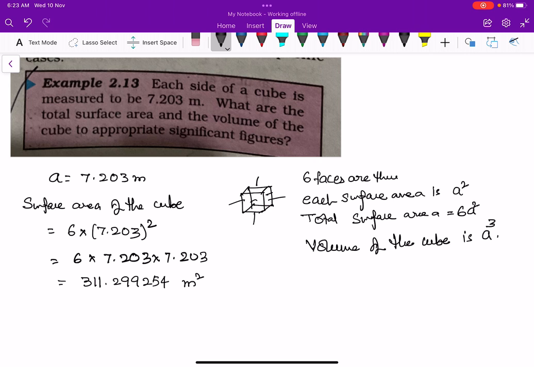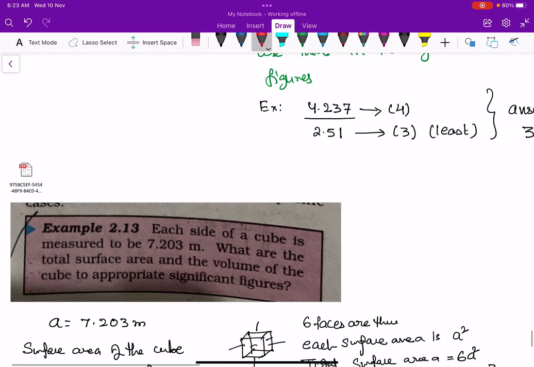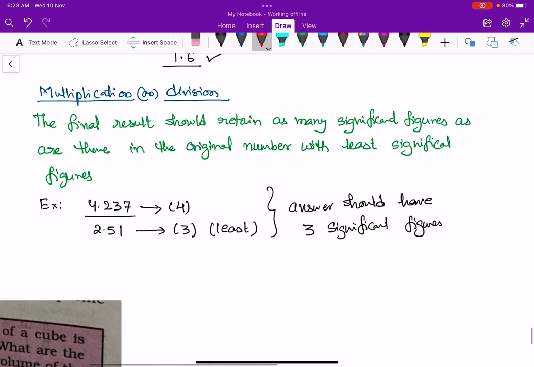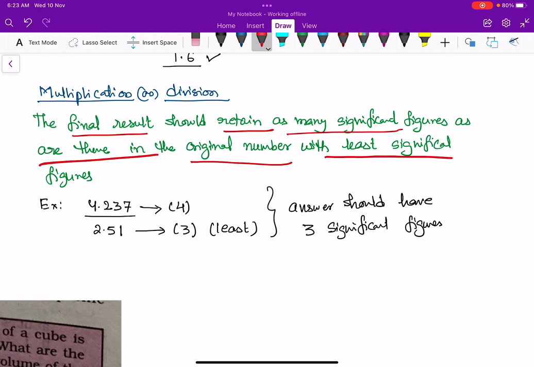Actually, this answer has 1 2 3 4 5 6 7 8 9, 9 digits. But this is multiplication. What is the condition? The condition is that the final result should retain as many significant figures as are there in the original number with the least significant figures.